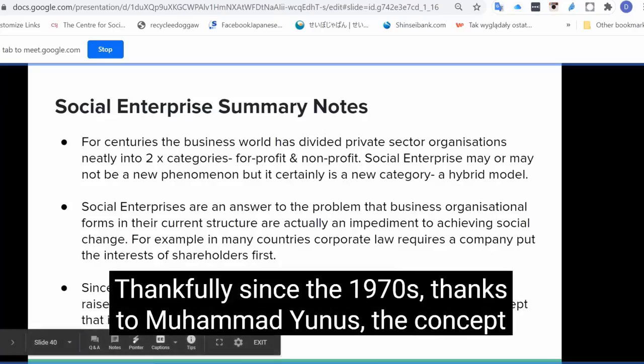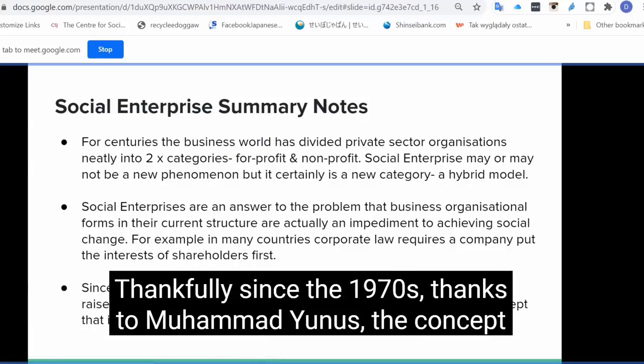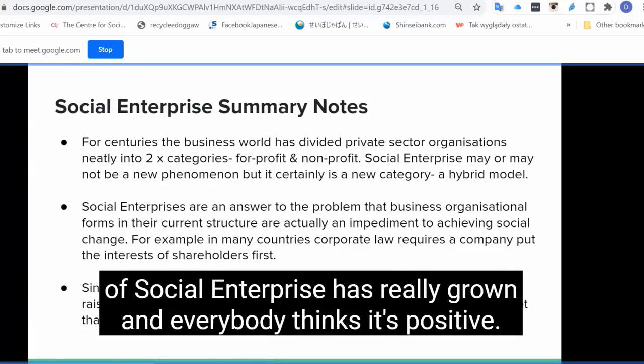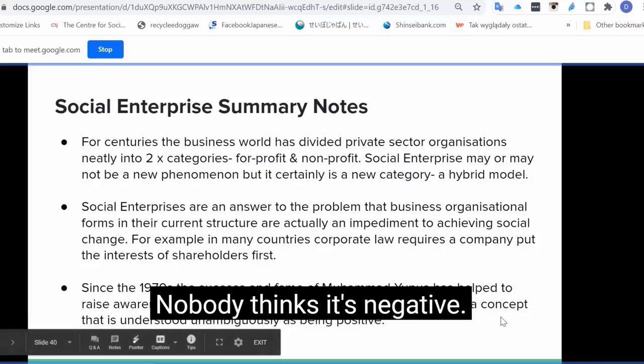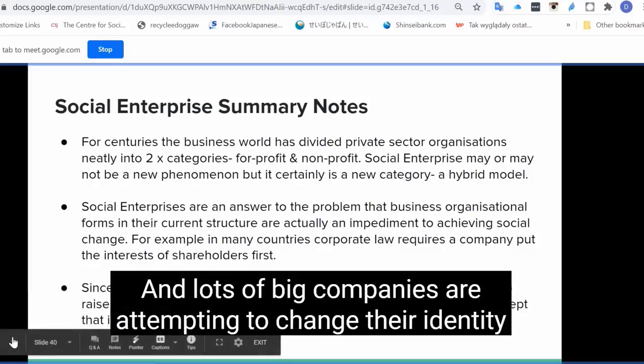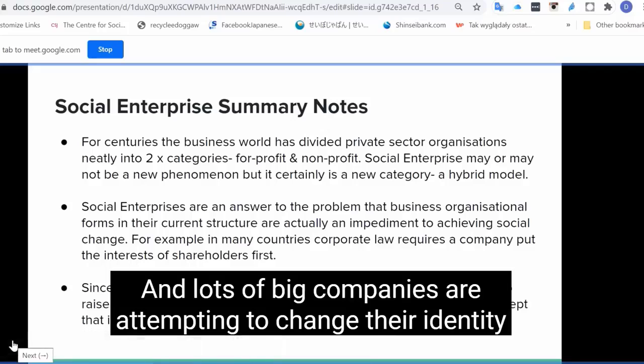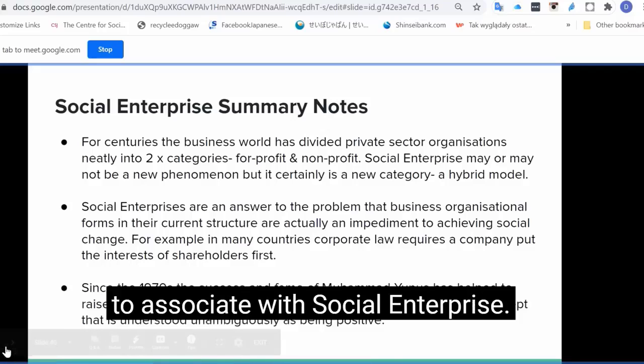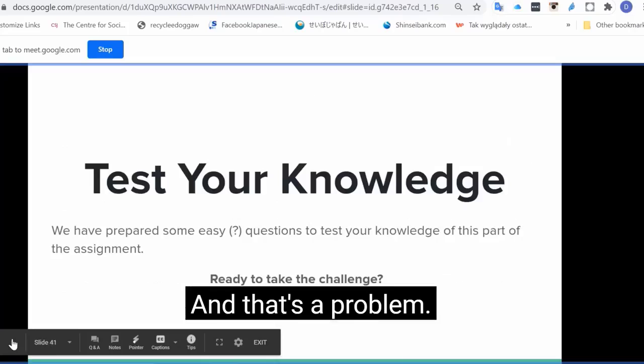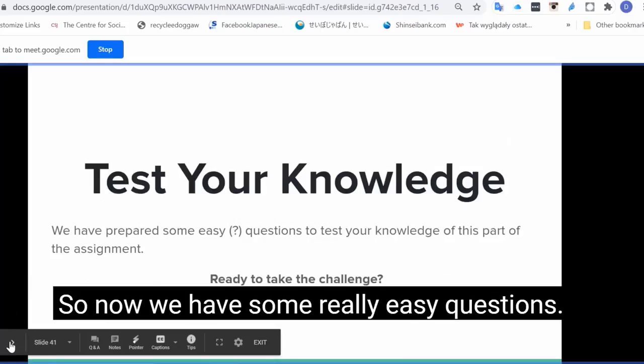Thankfully, since the 1970s, thanks to Muhammad Yunus, the concept of social enterprise has really grown, and everybody thinks it's positive. Nobody thinks it's negative. And lots of big companies are attempting to change their identity to associate with social enterprise. And that's a problem. So now we have some really easy questions.